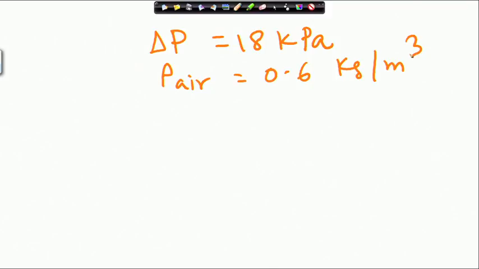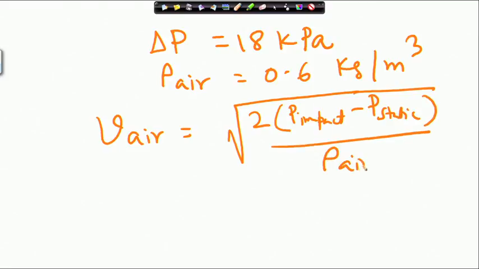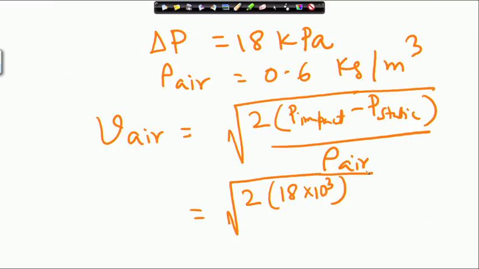So, velocity of air is again square root of 2 into impact pressure minus static pressure divided by density of air. So, 2 into 18 into 10 to the 3, this is Pascal, and density of air is given as 0.6 kg per meter cube.